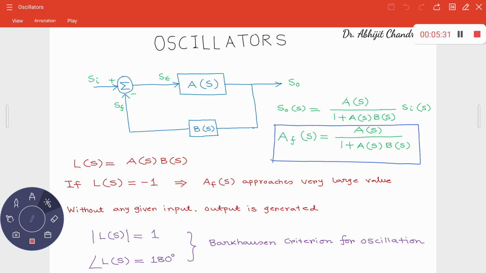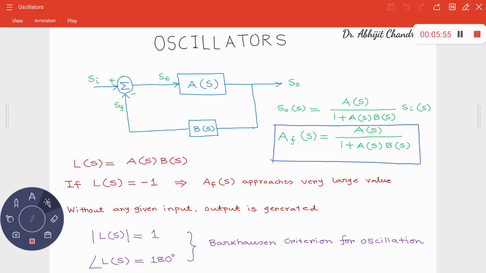Now suppose, for example, what happens to the circuit, or to the output, if your A(S)B(S), that is the loop gain, is equal to -1? Suppose A(S)B(S) becomes -1 for some given frequency, not for all frequencies, but for some given frequency. Then what do you expect?